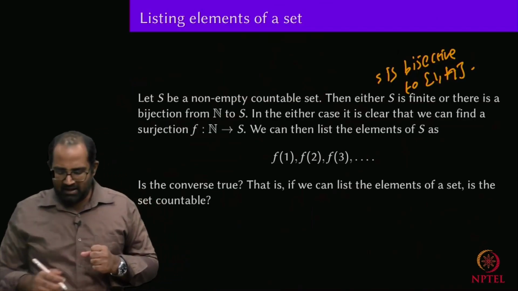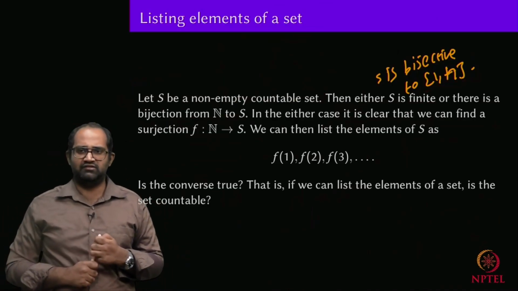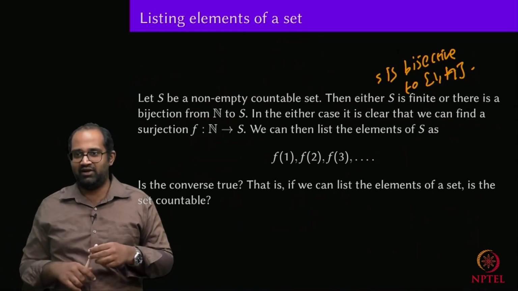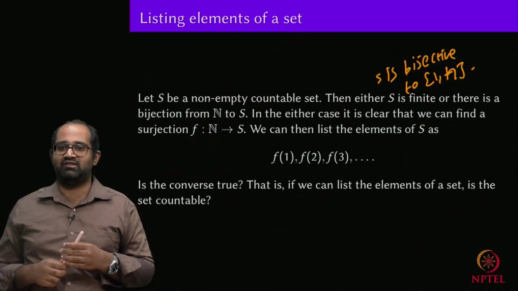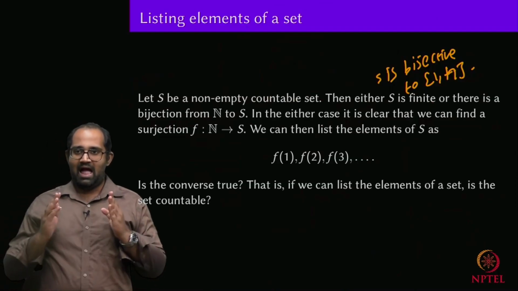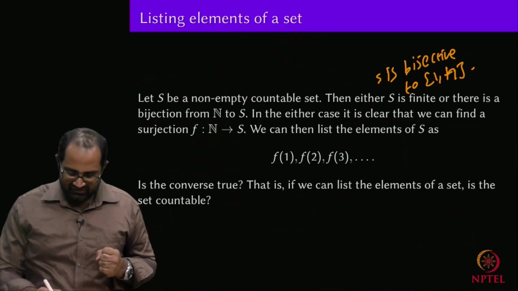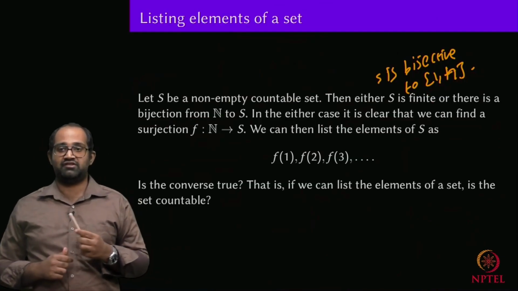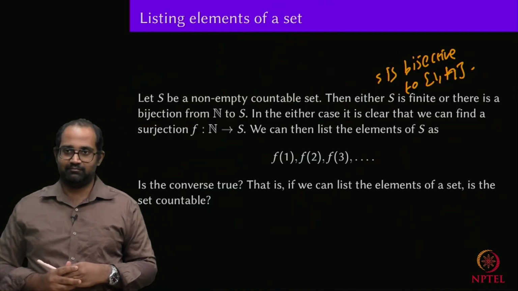But if S is bijective to an initial segment 1 to n, how do you get a surjection from N to S? Well, I cannot pause the video. I do not have powers of telepathy or clairvoyance or any such thing. You will have to pause the video and try to figure out why, if S is bijective to the initial segment 1 to n, then there is a surjection from N to S. Please pause the video and think about that for a second.